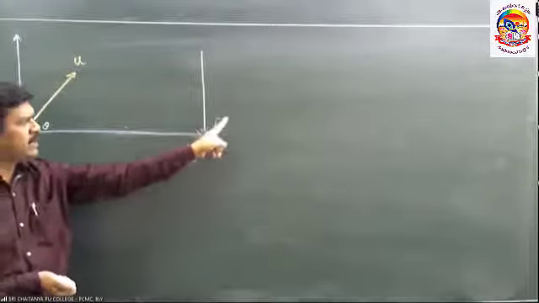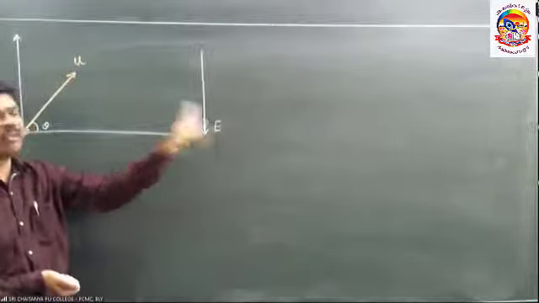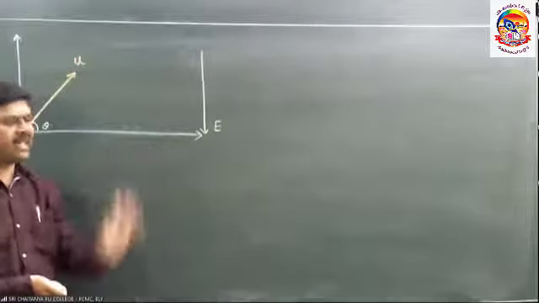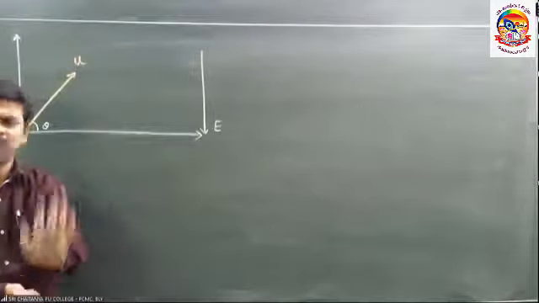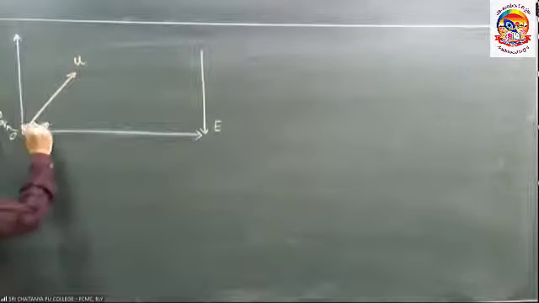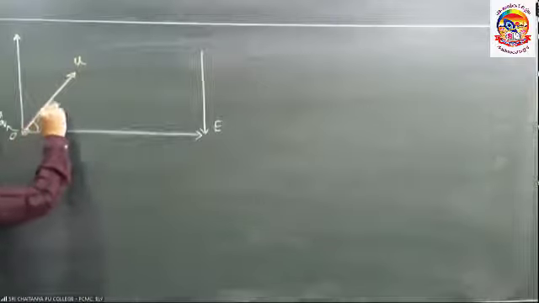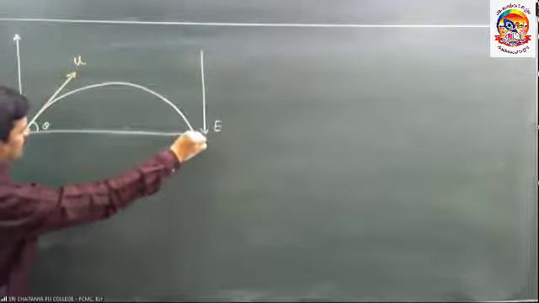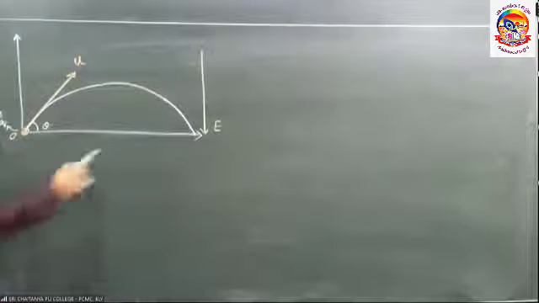Here instead, we are thinking of electric field. There the acceleration is g, here the acceleration is eq by m. That's all. Then the particle moves in a parabolic path and reaches the reference level, the plane of projection.